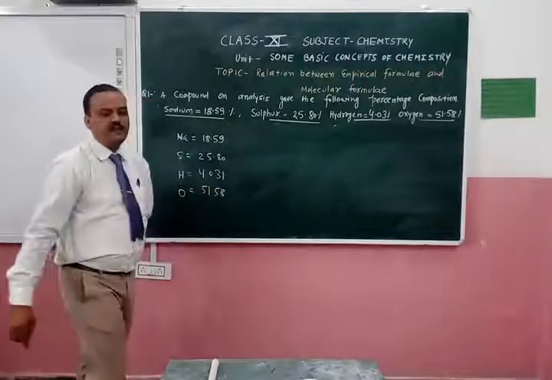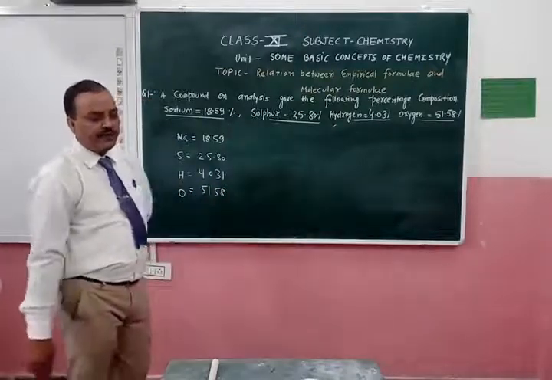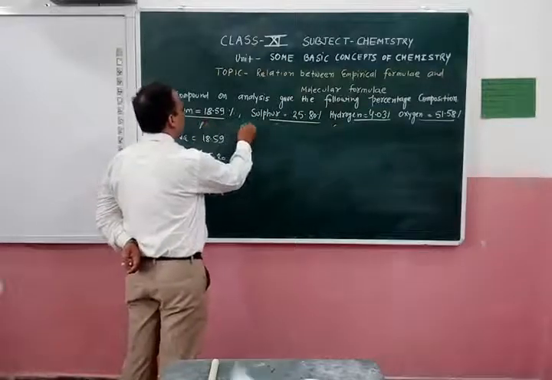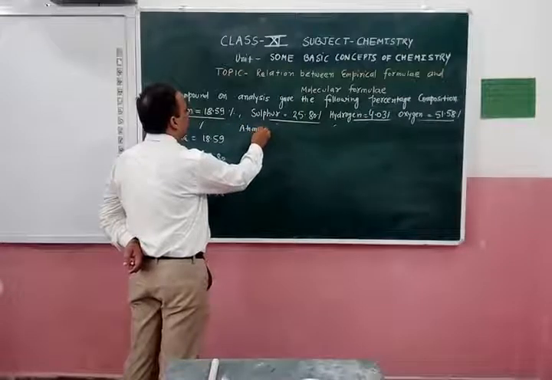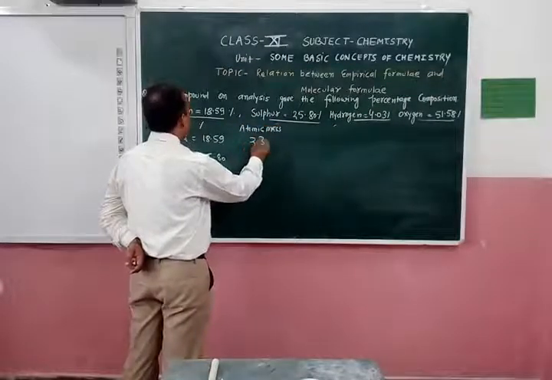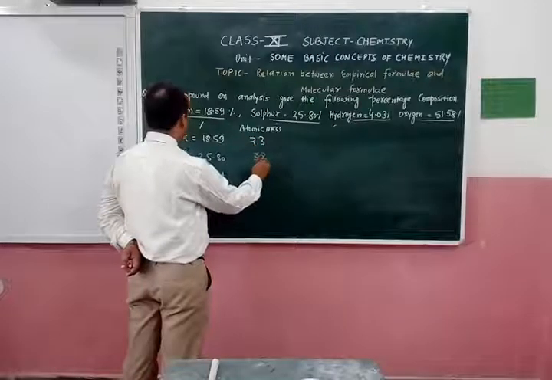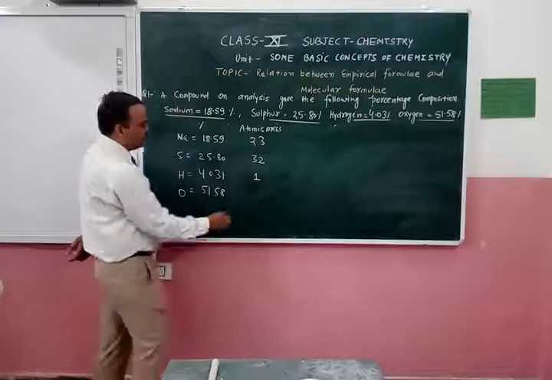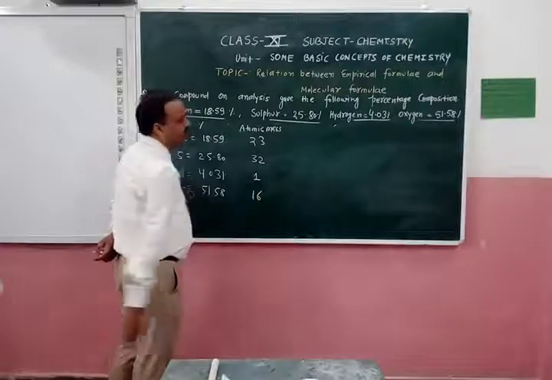So that is the percentage quantity which we have. Atomic mass of these elements: sodium 23, sulfur 32, hydrogen 1, oxygen 16.